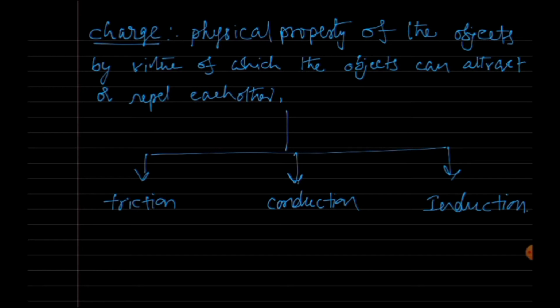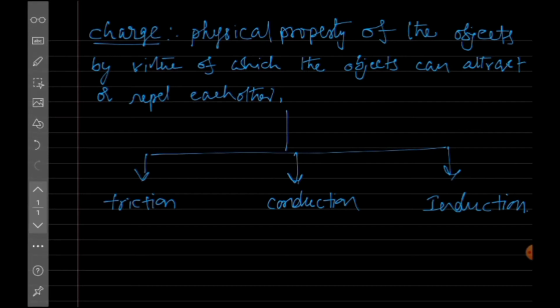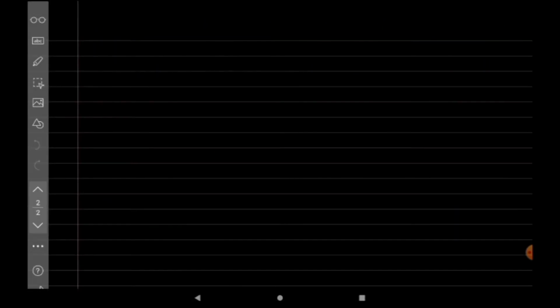So there are three different methods in order to produce the charges: friction method, conduction method, and induction method. So let's quickly go to the first method. Let's discuss the first method, that is friction method.